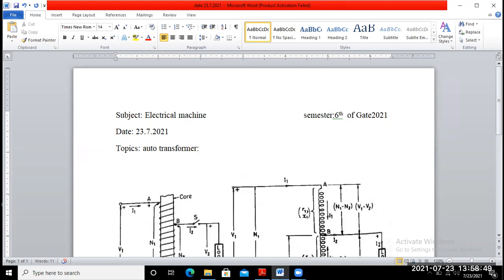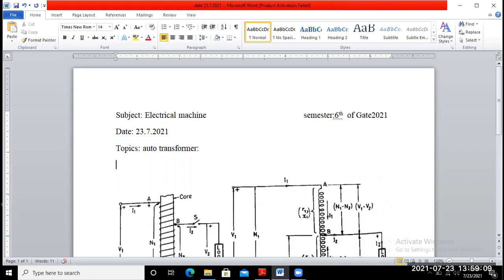So how can we define the auto transformer? An auto transformer is one in which a part of the winding is common to both the primary and secondary winding. Okay.